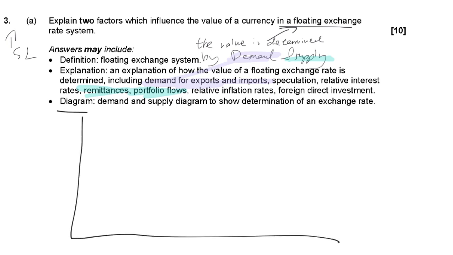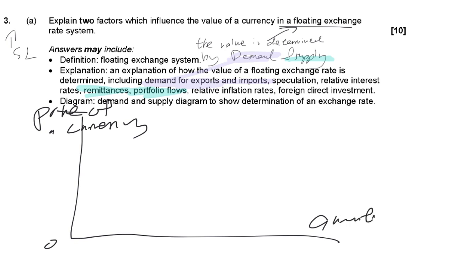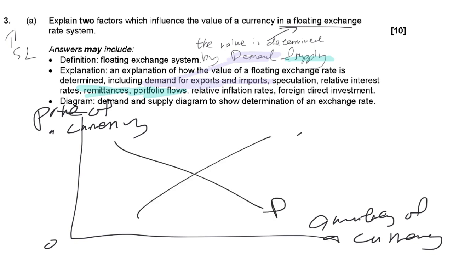You put down the price of a currency on the y-axis and the quantity of a currency on the x-axis, and we have demand and supply, and then this will determine the price and the quantity transacted of that kind of currency.